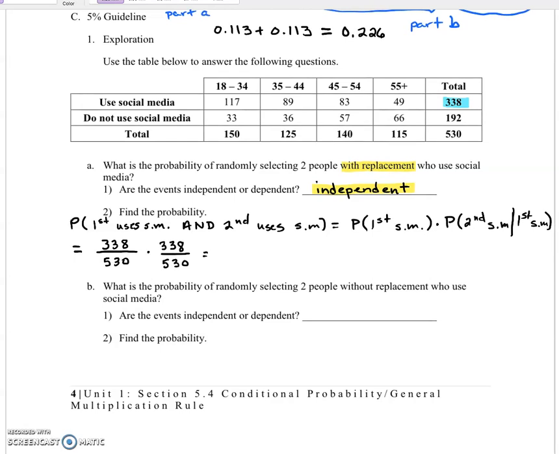So we just put that in the calculator and we get approximately 0.40671, or if we round to 3 decimal places, which we probably should, 0.407.